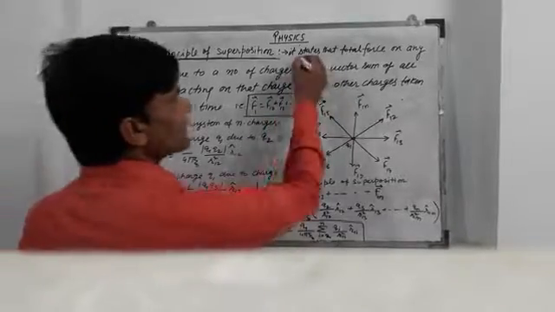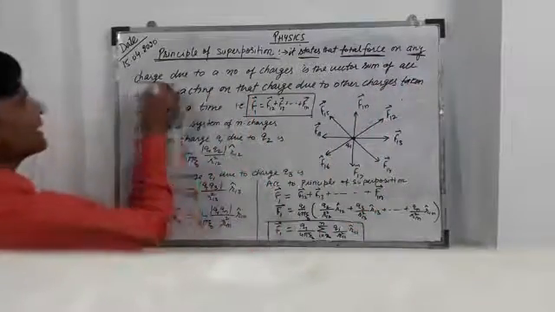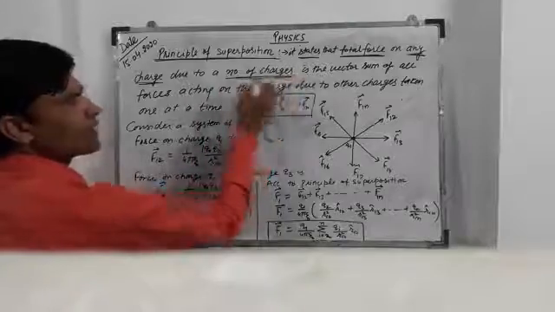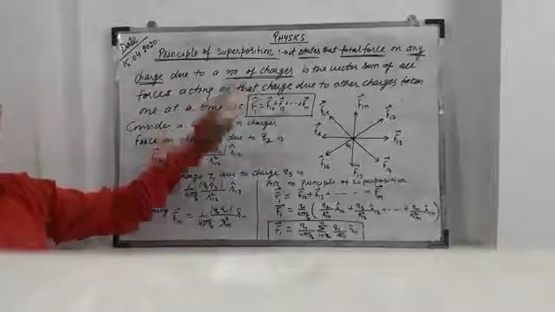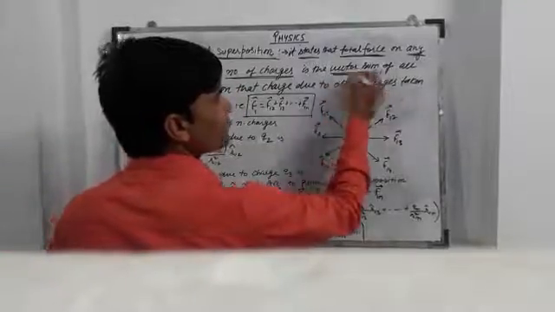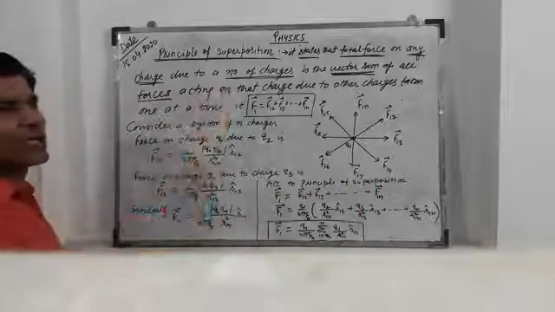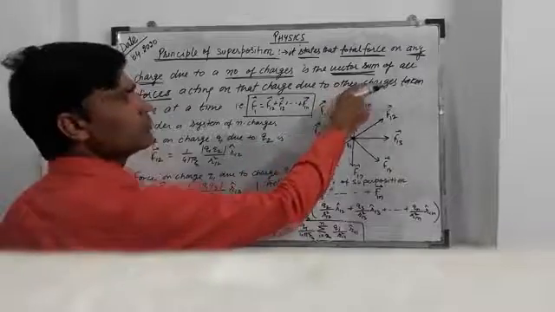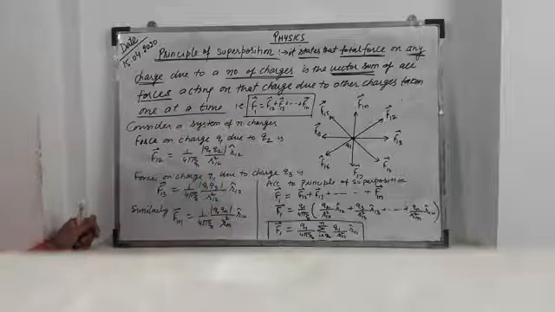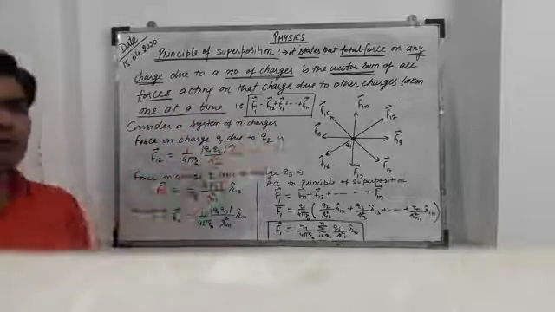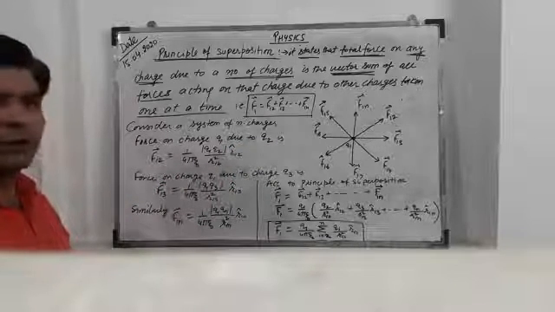It states that the total force on any charge due to a number of charges is the vector sum of all forces acting on that charge due to the other charges, taken one at a time. This means if Q1 and Q2 are interacting, then there is no effect from Q3.